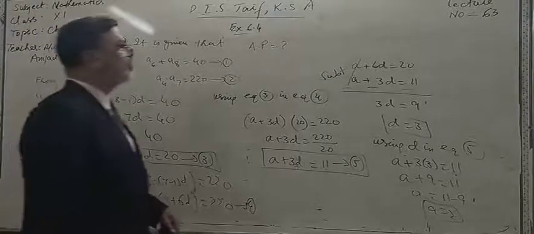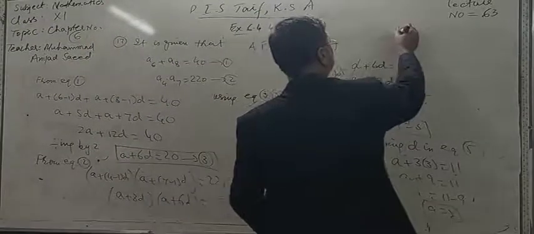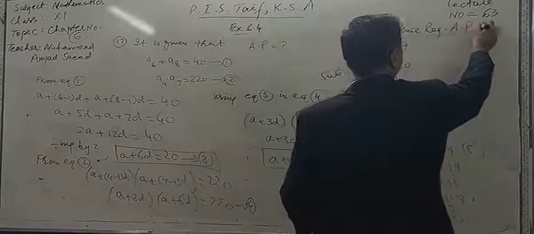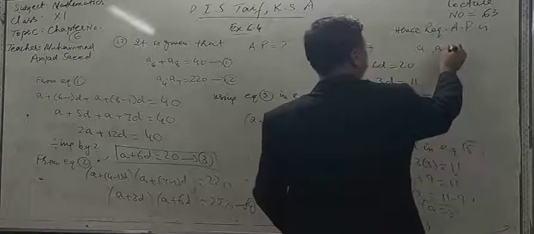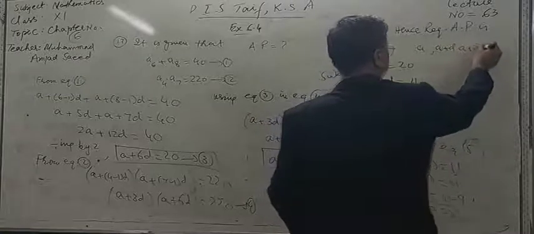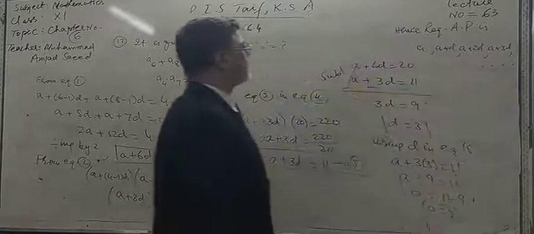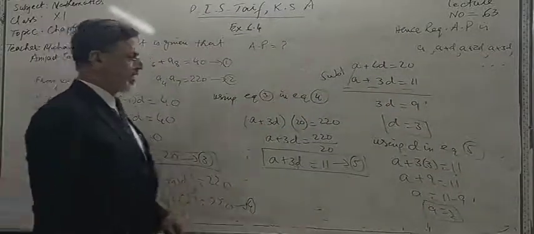Hence, the required arithmetic progression is a, a plus d, a plus 2d, a plus 3d, and so on. Remember that this is AP, arithmetic progression.